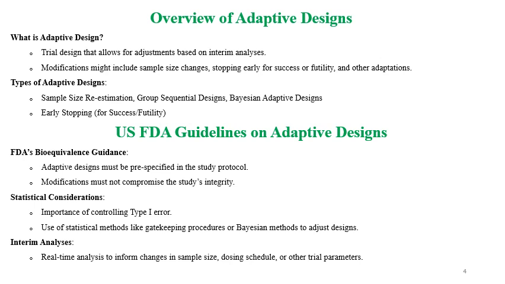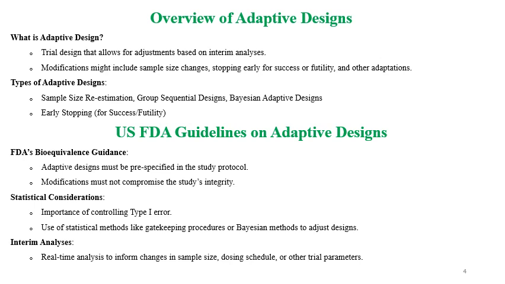Coming to the US FDA guidelines for adaptive designs, the FDA bioequivalence guidance provides you the information regarding adaptive designs. They must be pre-specified in the study protocol. So it is very important to pre-specify your would-be changes. Modifications must not compromise the study's integrity. This is very important.